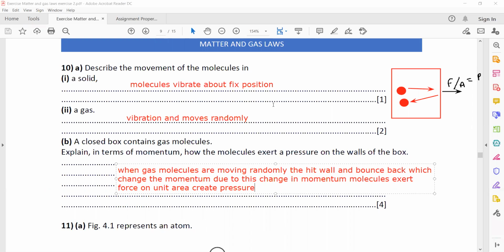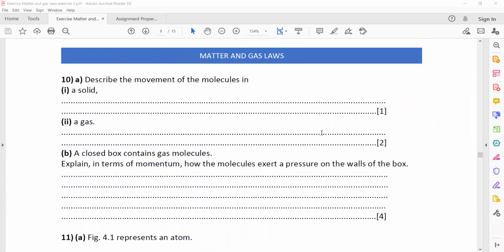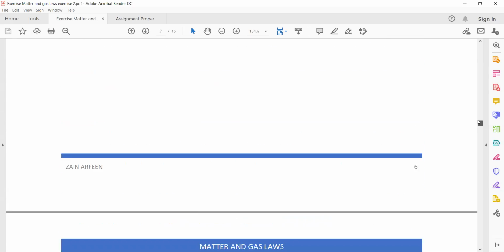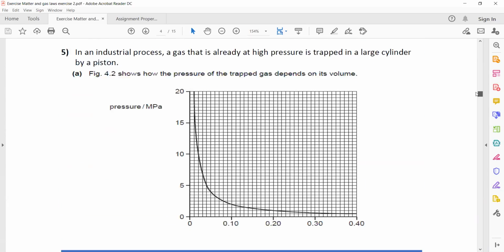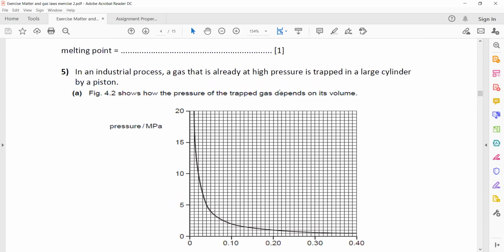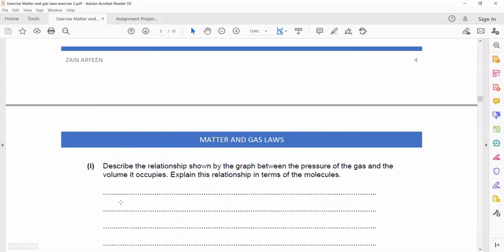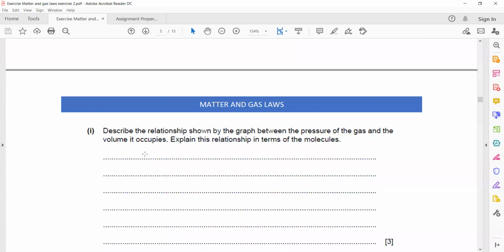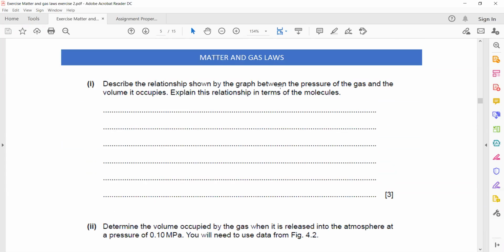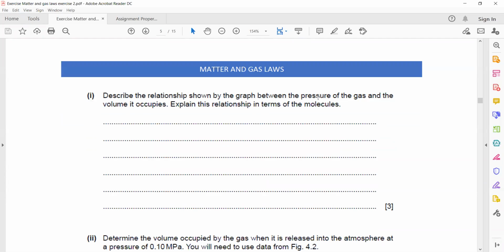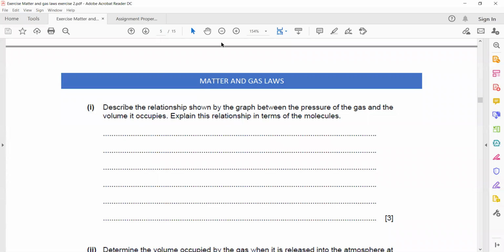Question 5A. In an industrial process, a gas that is already at high pressure is trapped in a large cylinder by a piston. The graph shows the pressure of a trapped gas depending on its volume. So a graph is given. First part, describe the relation shown by the graph between pressure and volume, and explain this relation in terms of molecules.